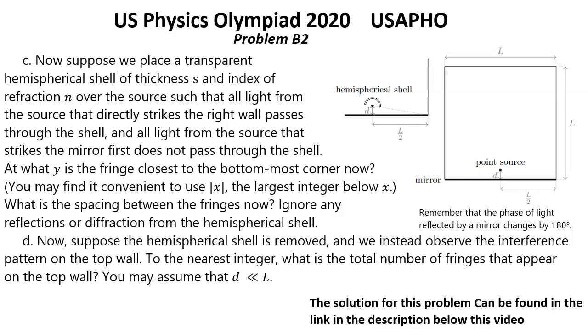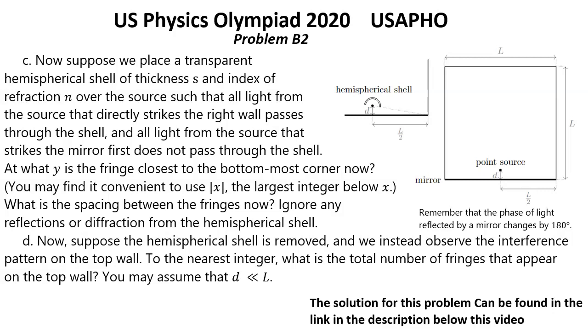At what y is the fringe closest to the bottommost corner now? You may find it convenient to use floor of x, the largest integer below x. What is the spacing between the fringes now? Ignore any reflections or diffraction from the hemispherical shell.